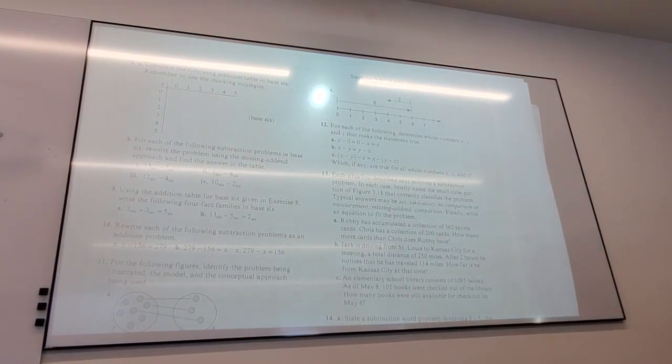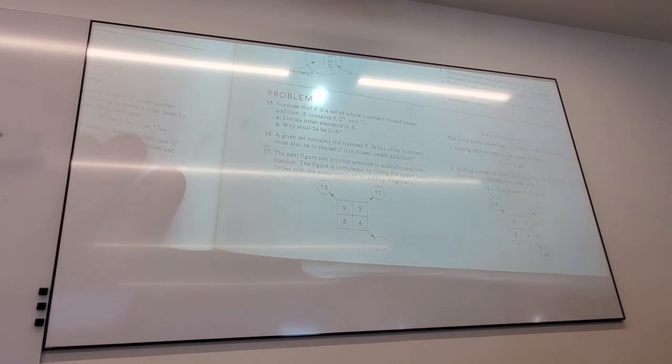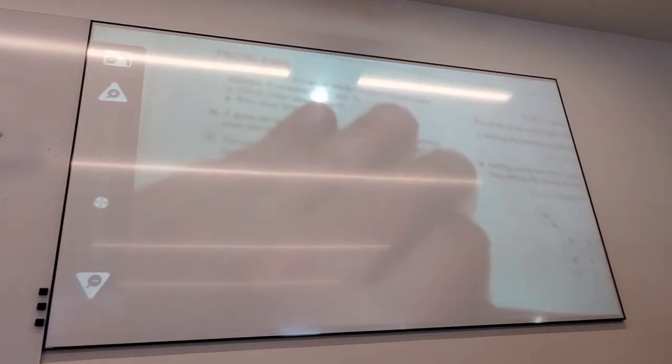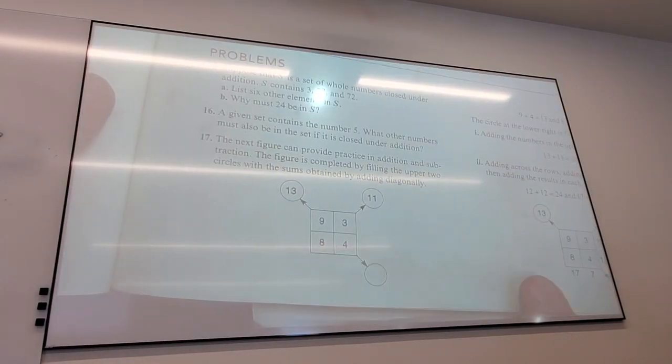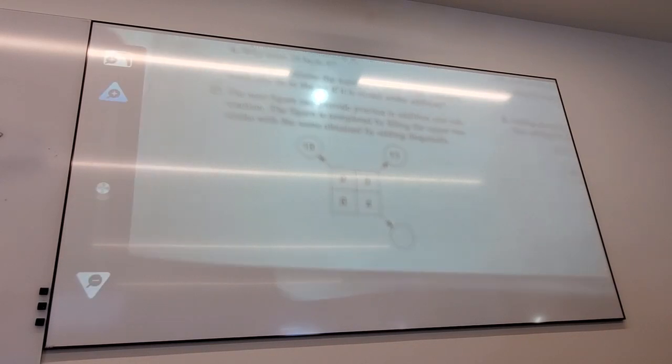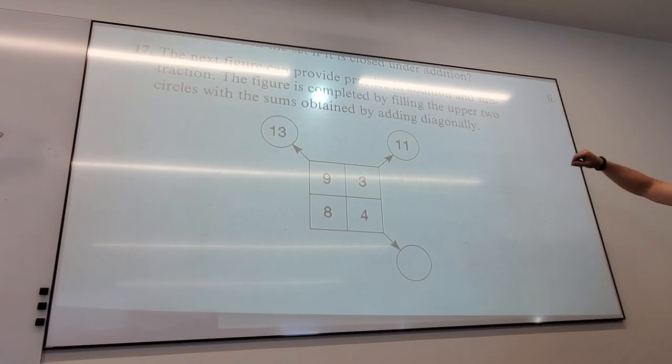Sorry, is this one down here, right? Which one was it again? 3.1 set B, number 17. 17, okay. So this guy. So it says, addition subtraction.